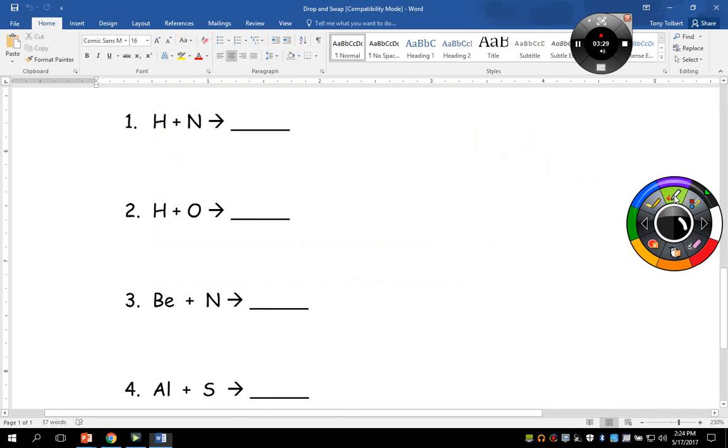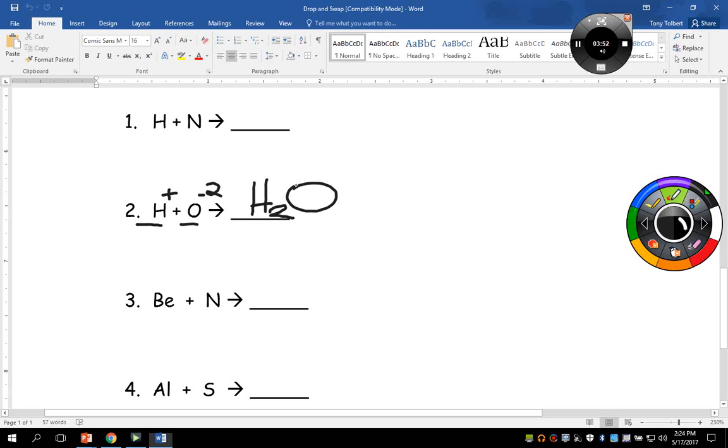So, in this example here, we have H and O. The charge of an H is going to be positive. The charge of an O is going to be, as we did there, -2. If you drop and swap them, it should be what we know as water, H2O.